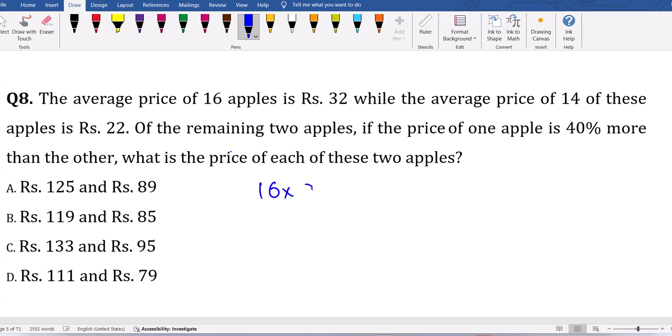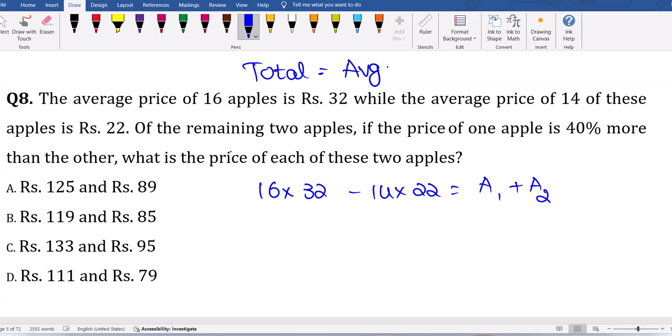From the 16, this 14 is removed, and the remaining 2 apples' price will be obtained. Again the same thing: total equals average into number of apples.